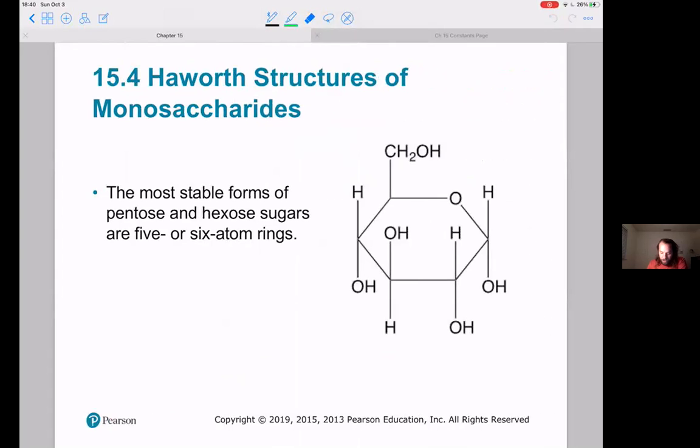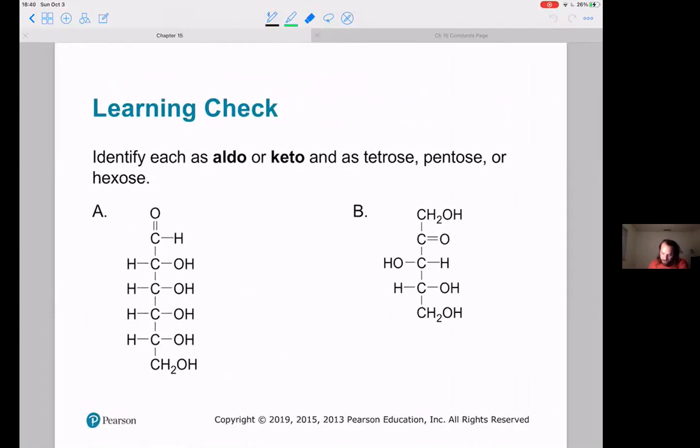I also wanted to show this cyclic form that you'll see a lot, especially later in the chapter. For now, we're mostly going to look at this straight chain form. So let's do the same thing here.